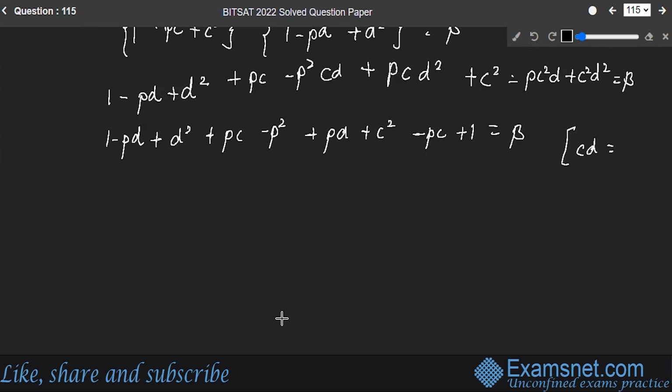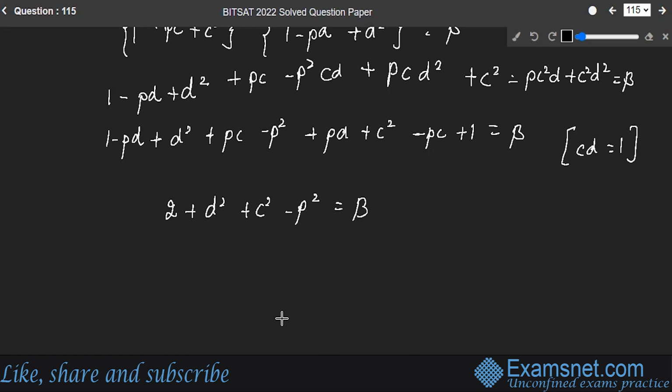Because you have C into D is equal to 1, the product of the roots that was equal to 1, we just solved that before. That makes 2 plus D square plus C square minus p square is equal to beta.